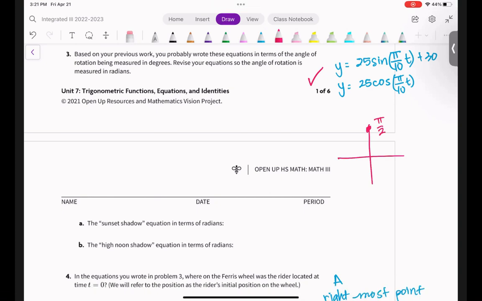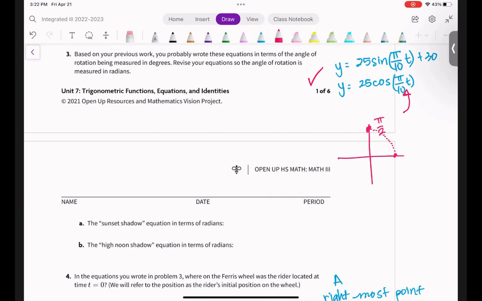Okay, now that you're back, think about it: remember Carlos was here and it takes him so long to get over here, right? Whenever we're talking about time, it's going to affect your x direction and not your y. Your y is affecting how high or how low he goes.